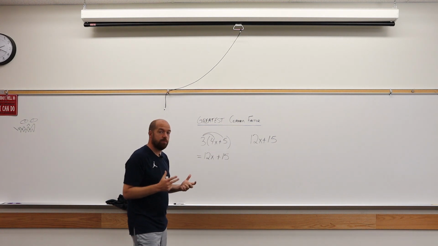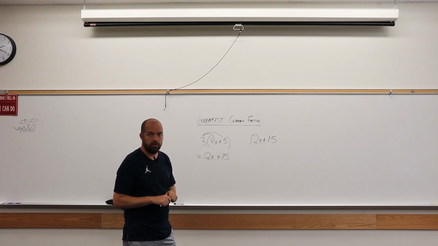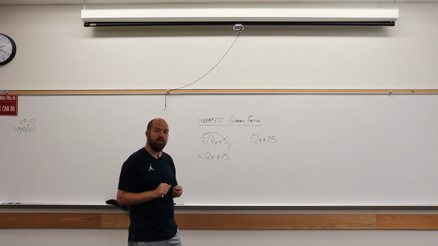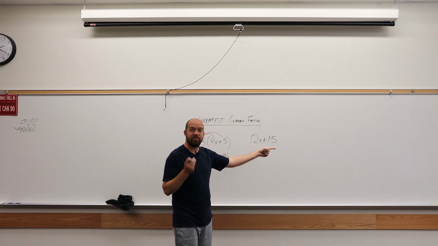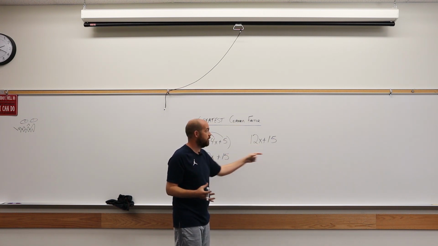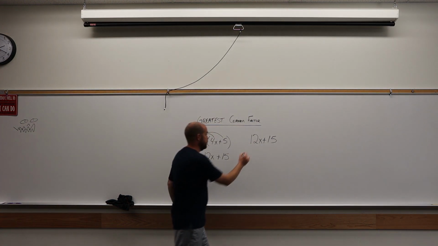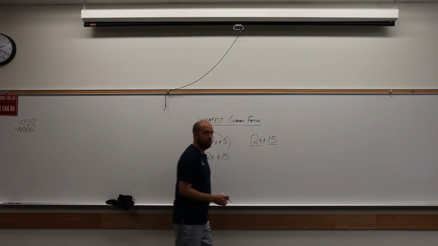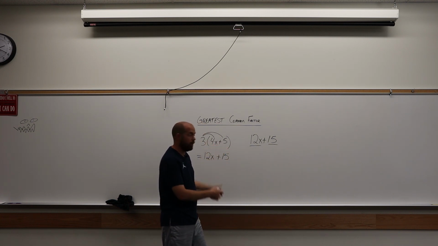Now the question I have to ask myself is, is that the greatest common factor? Is that the biggest number that they have in common? You always want to look at this and take out the biggest thing that they have in common, and that's why this is called the greatest common factor. So I look at that term and that term. I need to know what do they both have in common. I can divide both of them by a 3.